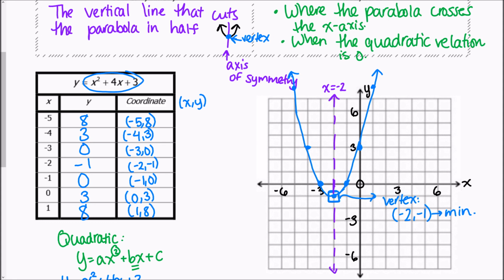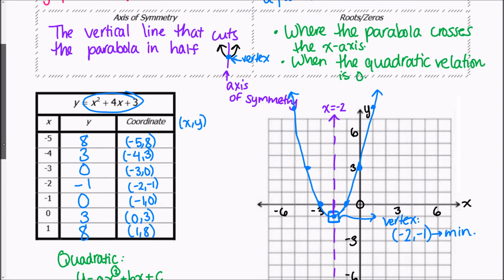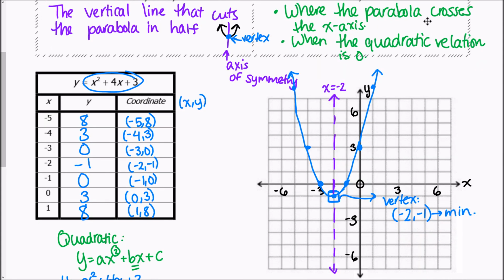Okay? And then lastly, we need to write what our roots are. Well, our roots are where the parabola crosses the x-axis. It's when the quadratic relation is 0. So if you look right here, we've got y equals 0 here at -3, and then we also have y equals 0 when x is -1.